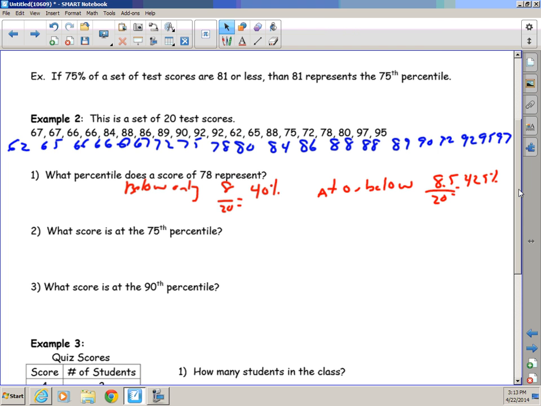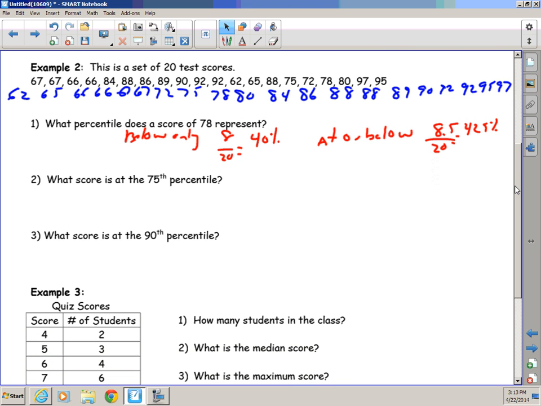Now, usually when you're doing these types of computations, the pool of scores is so large that neither of these two definitions or two ways of computing it will be that far off. Now, what scores at the 75th percentile? Well, what I want to know is, to get 75 out of 100, what test score is that at?